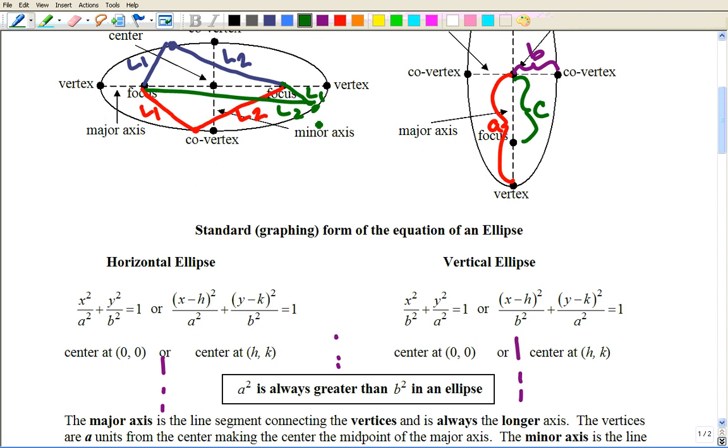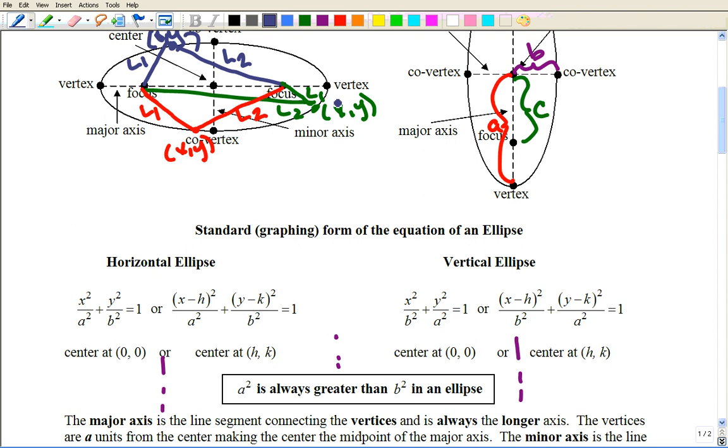So if this is a point xy, or this was a point xy, it doesn't matter. Anytime I add together this L1, L2 for any given point, it will always be equal. It's a constant. So that's why we call it the constant sum.